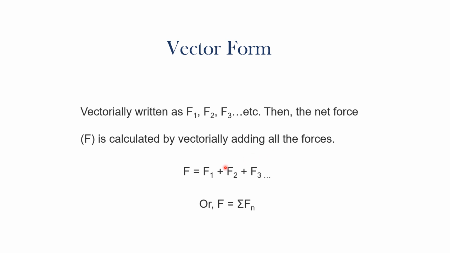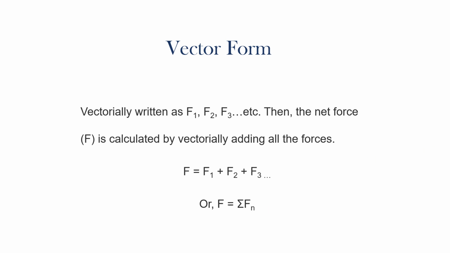F equals F1 plus F2 plus F3 and so on. Or equivalently, the net force is equal to sigma Fn. This force results in an acceleration A in the same direction as the force. Therefore, Newton's second law can be written in vector form as follows. F equals ma.